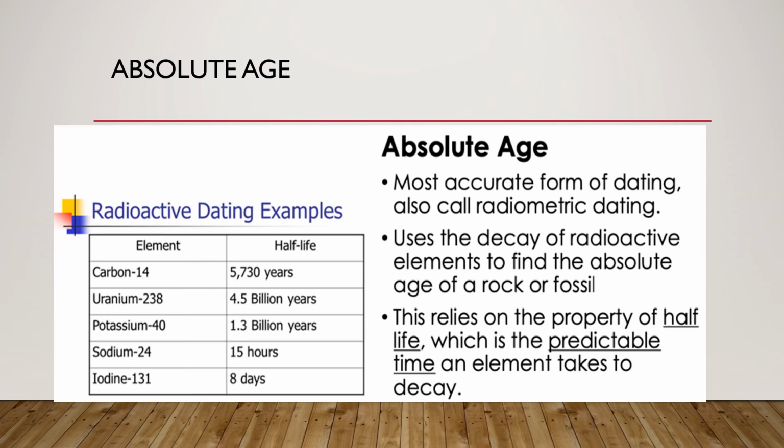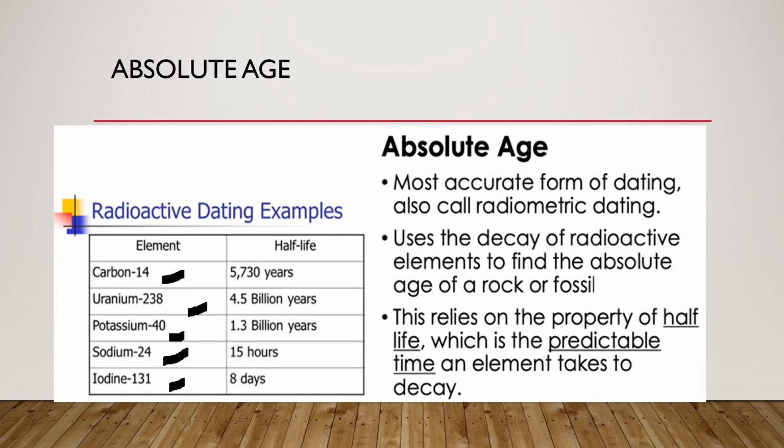Absolute age is the most accurate form of dating. They use radioactive elements like carbon-14, uranium-238, potassium-40, sodium-24, and iodine-131.